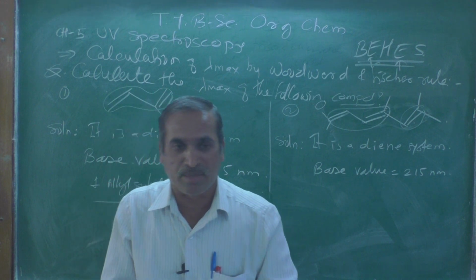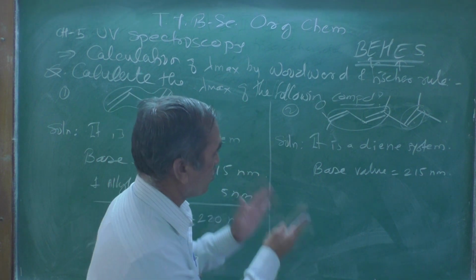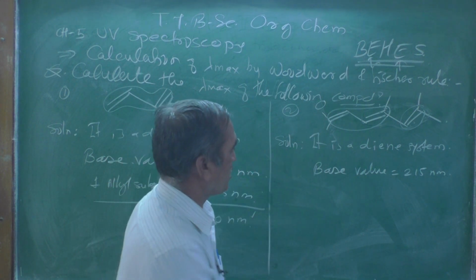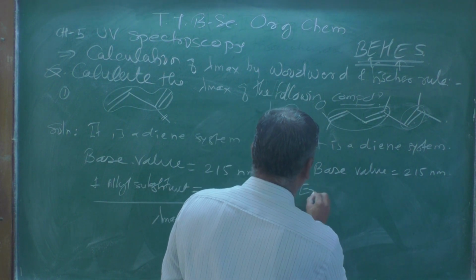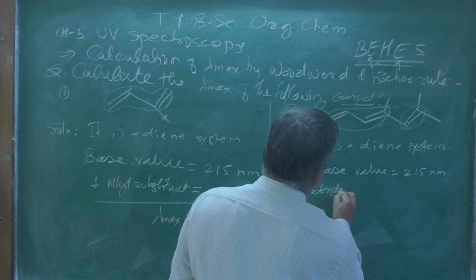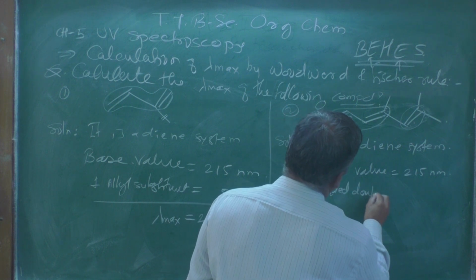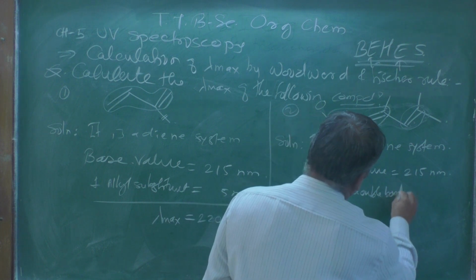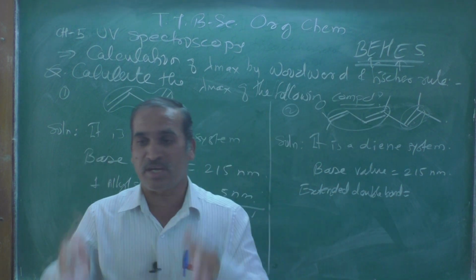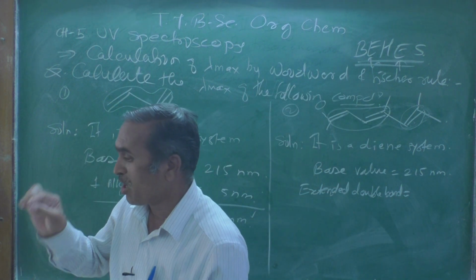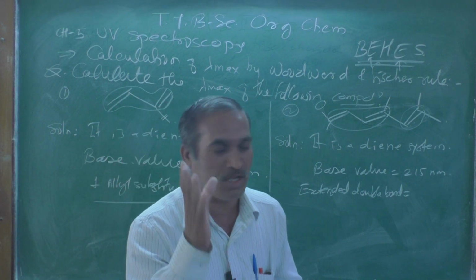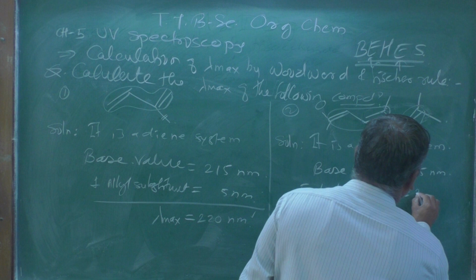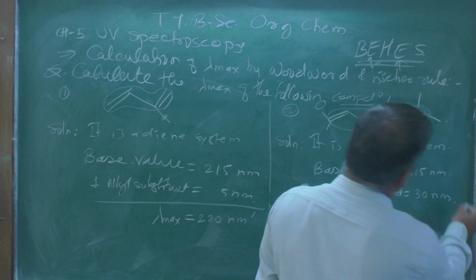In this system an extended double bond is present. Therefore, you should write here extended double bond. And as we know, if an extended double bond is present, you should add 30 nanometer. So you add 30 nanometer here.